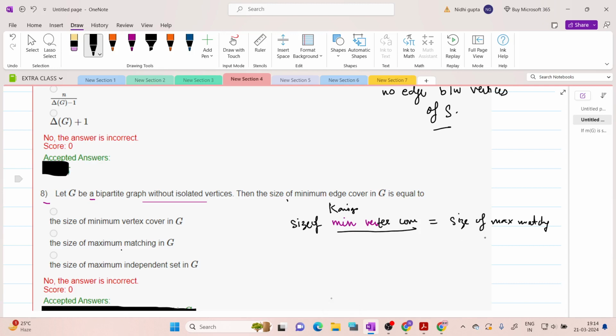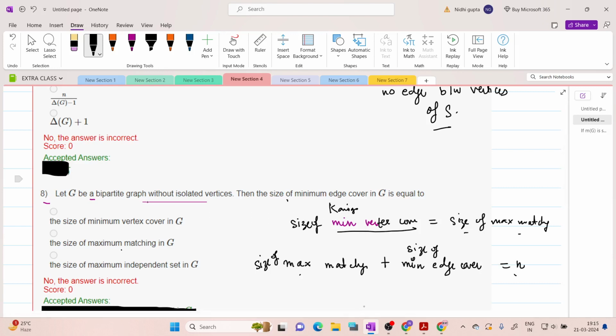But is there any relation between the size of the maximum matching and the minimum edge cover? Their sum is the number of vertices. Yes, the size of the maximum matching plus the size of the minimum edge cover is the number of vertices n.